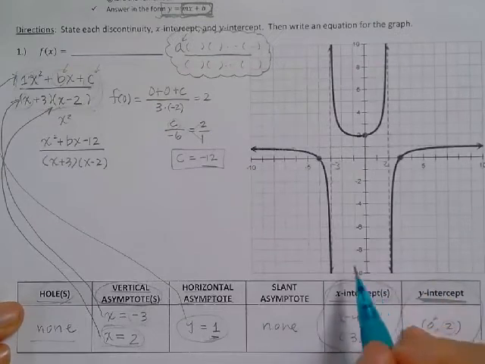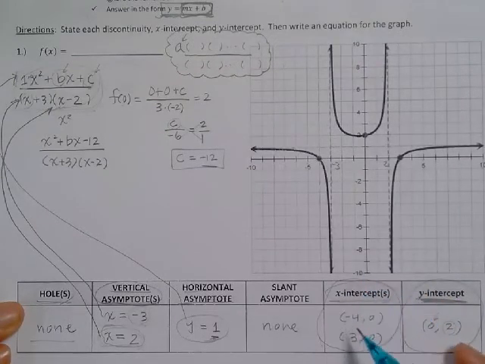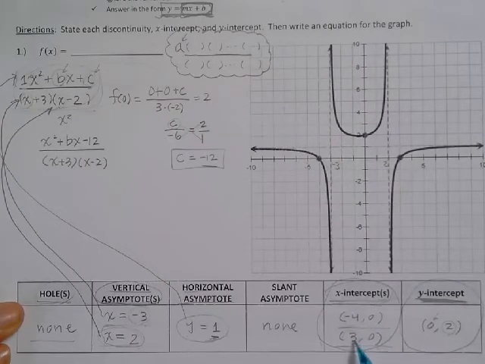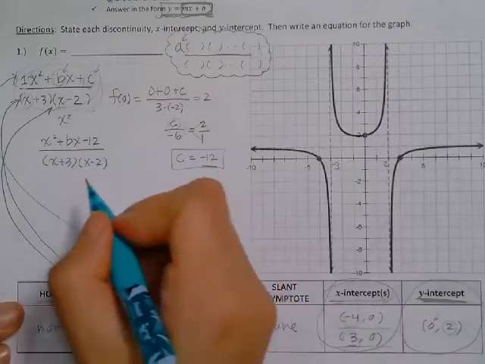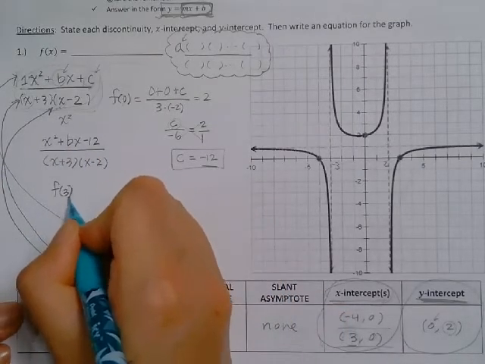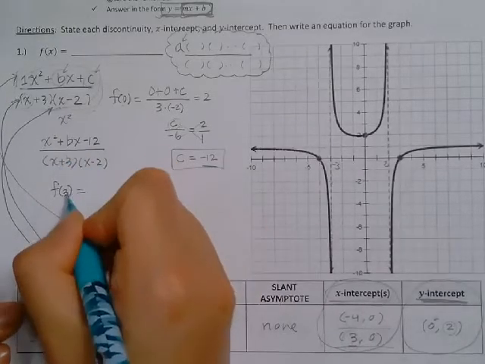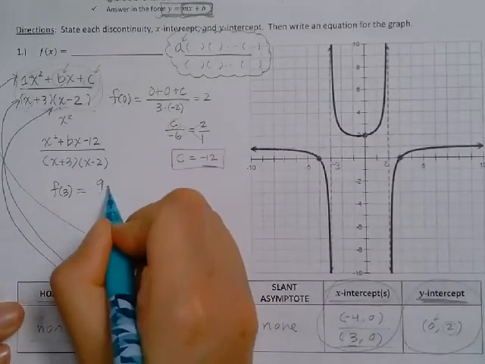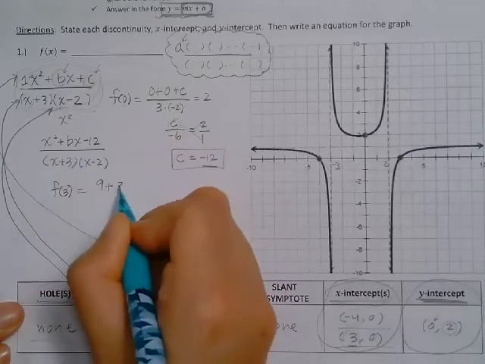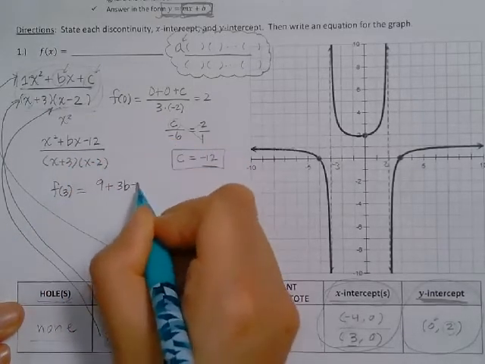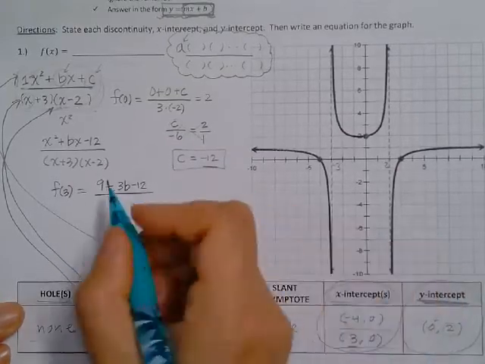Now I can use additional information from the x-intercept. It doesn't matter which one you pick, but let's go with 3, 0. When x becomes 3, it's going to be equal to 0. So now I'm plugging in 3 and following this. 3 squared is 9, plus 3 times b is 3b, then negative 12 copied over.